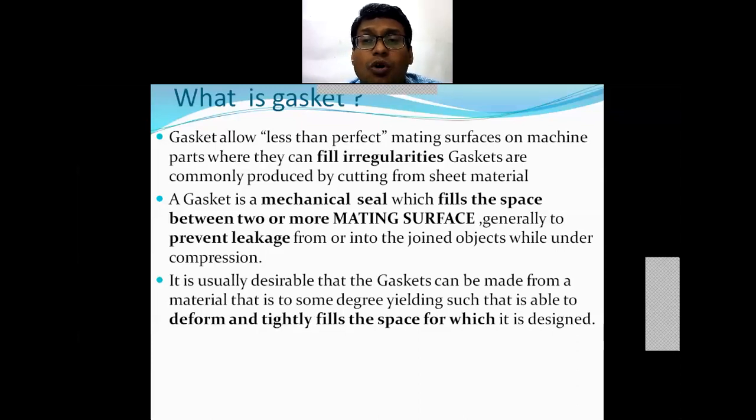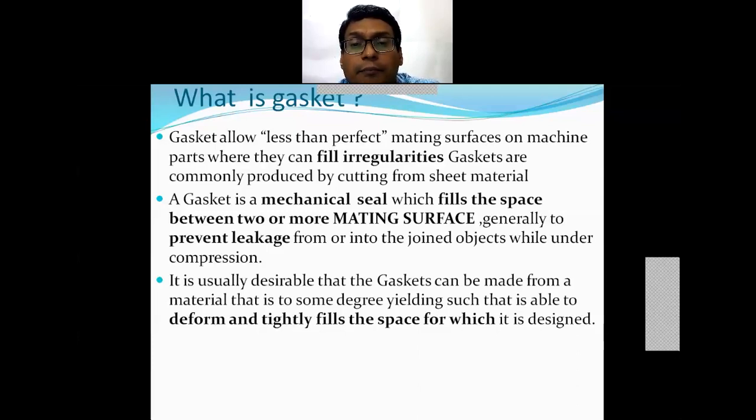In between those also, gaskets can be used. A gasket allows less than perfect mating surfaces on machine parts, where it can fill the irregularities. Gaskets are commonly produced by cutting from a sheet. Different sheets are used and they are given the proper shape.